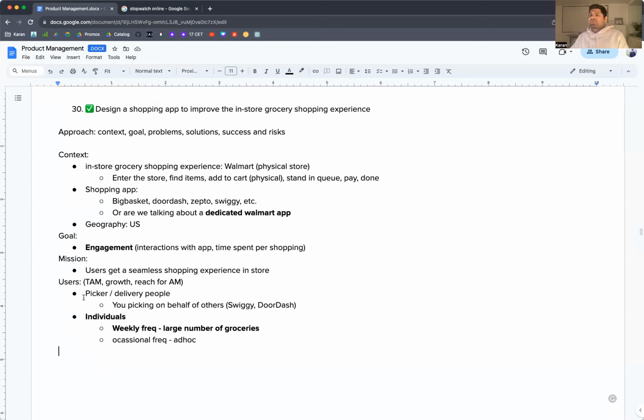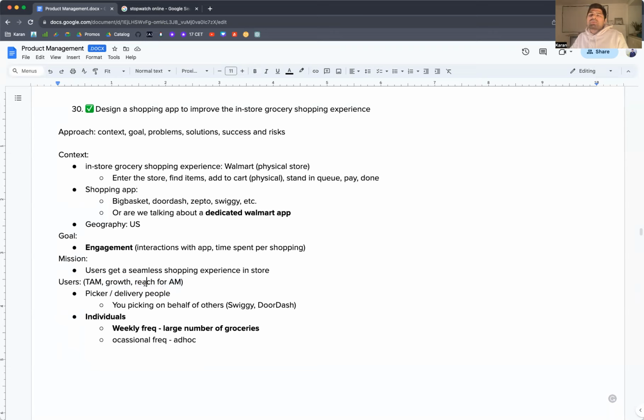Okay, so just to summarize, we are targeting the individuals, weekly frequency, who are ordering a large number of groceries. The target addressable market is great. The growth is already happening because more and more people are pivoting to the online segment, and the reach is exactly what Walmart needs to target.